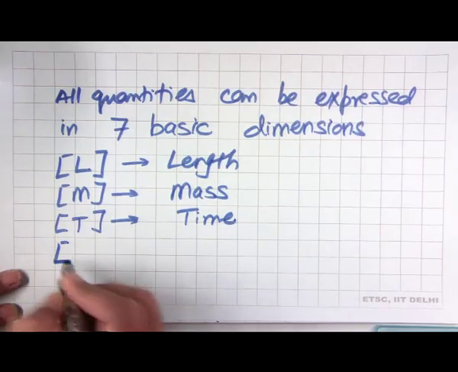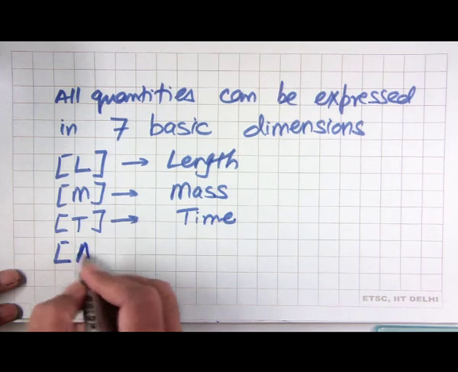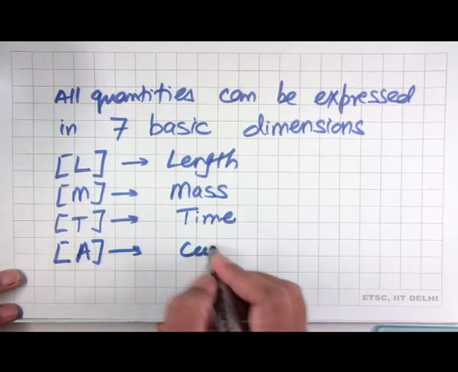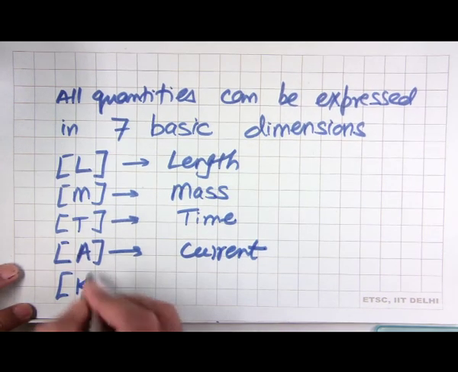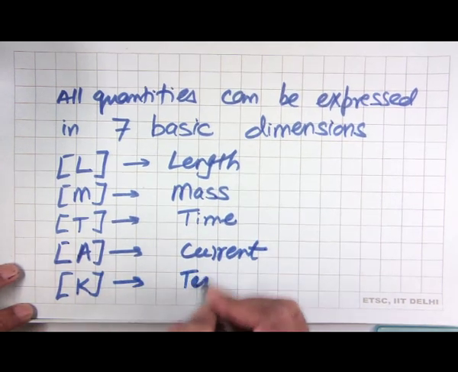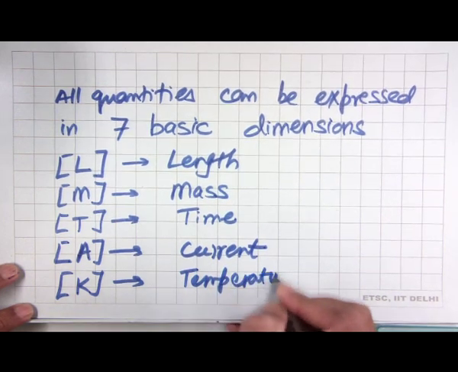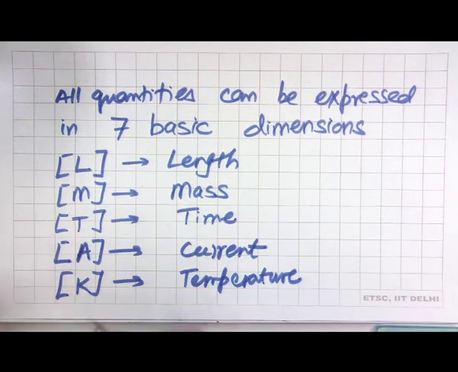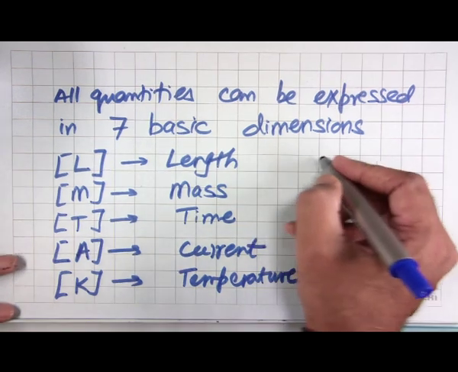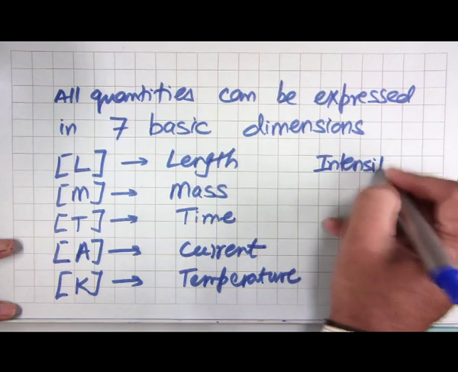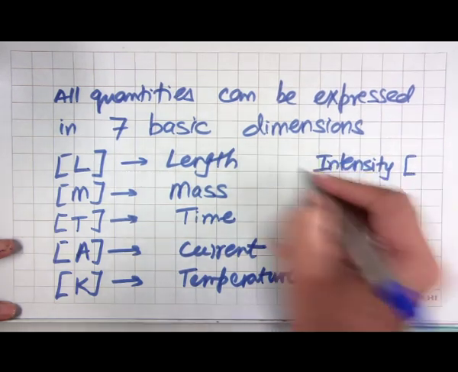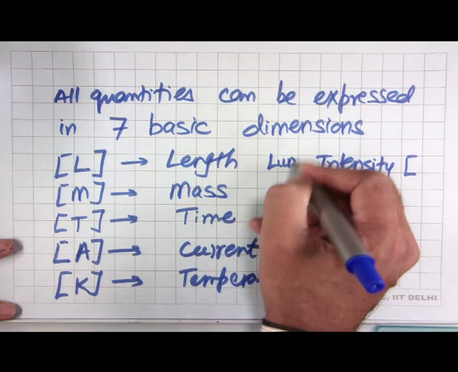Once we come to electricity, then we get a dimension which we use A, and that is the symbol for current, and for temperature we can use a symbol K to differentiate it from time, or sometimes people also use the Greek symbol theta for temperature, and then the sixth quantity will be intensity, and this is luminous intensity.